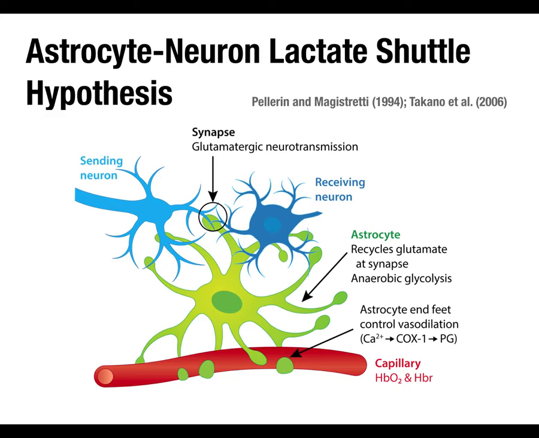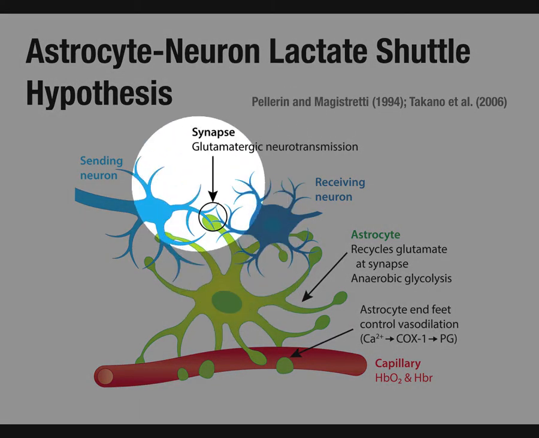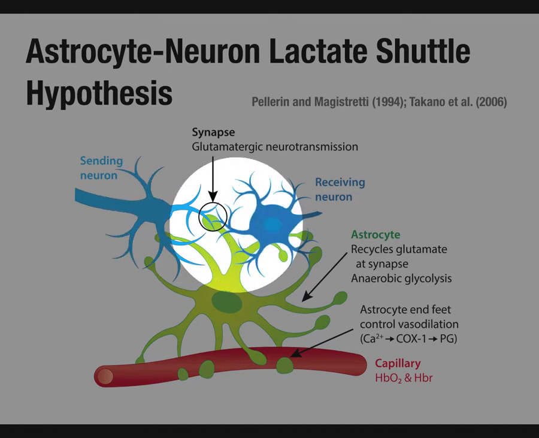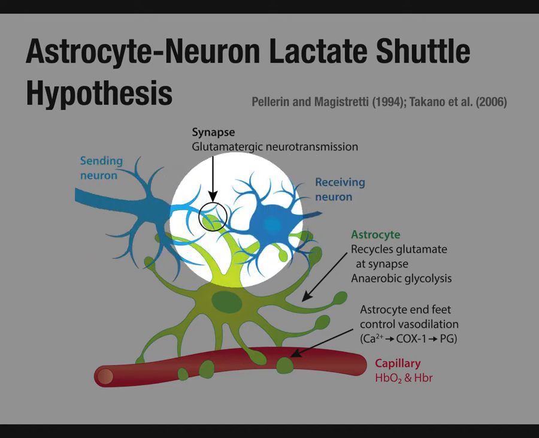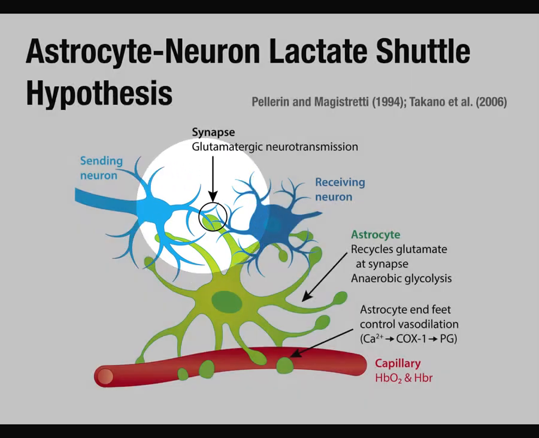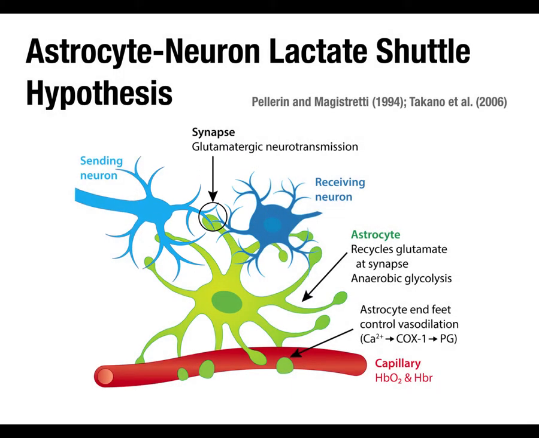The thinking here, as I'm trying to illustrate, is that we've got neural activity: a sending neuron, a receiving neuron, and a synaptic junction. These are excitatory neurons, so they're using glutamate as the primary neurotransmitter. I talked about neurotransmitter recycling before, and glutamate is recycled by astrocytes, a particular form of glia.